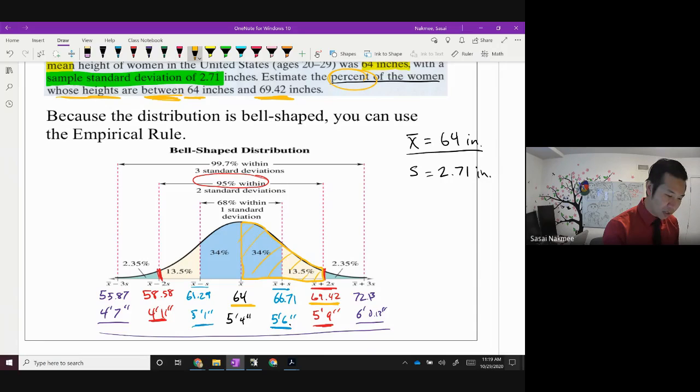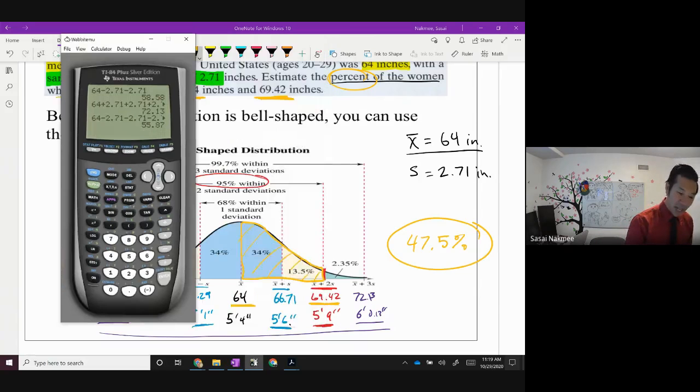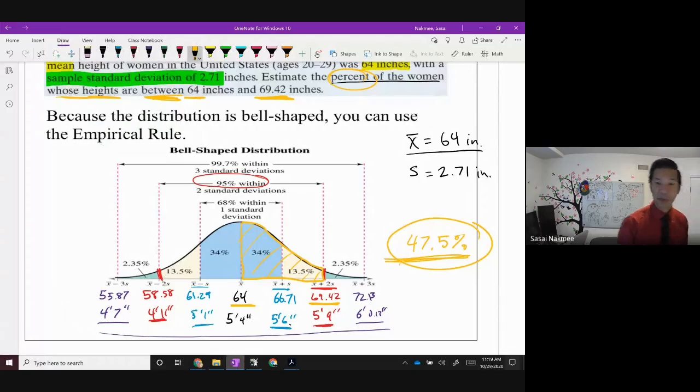So my answer is 47.5%. How did I get 47.5? You just add the percentages on this chart: 34% plus 13.5%. That's how I'm getting my answer of 47.5%.